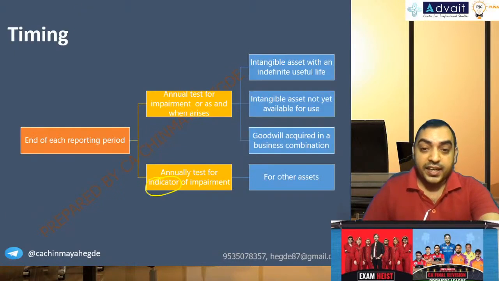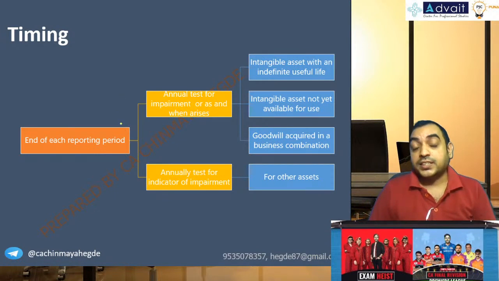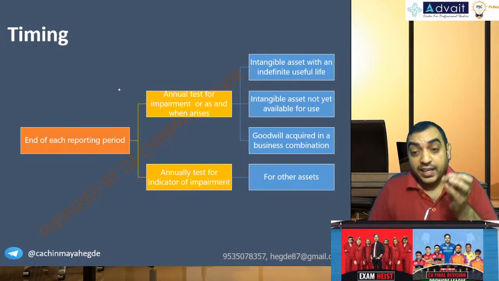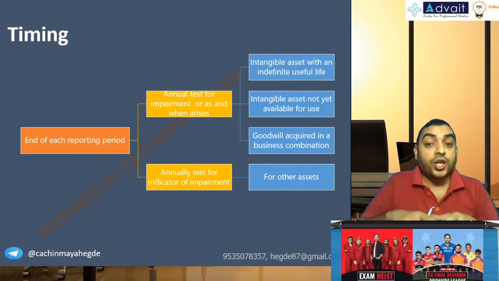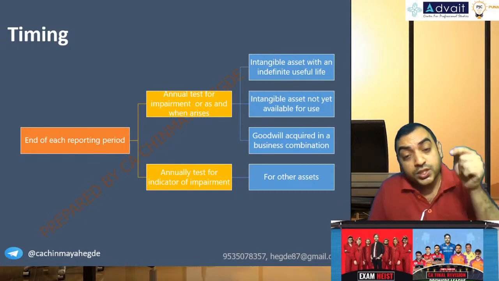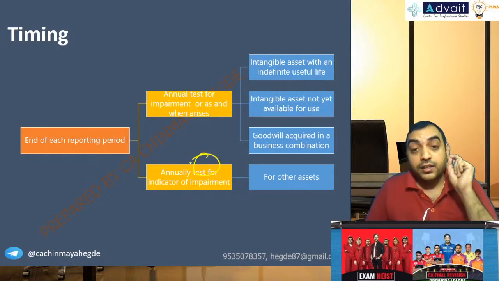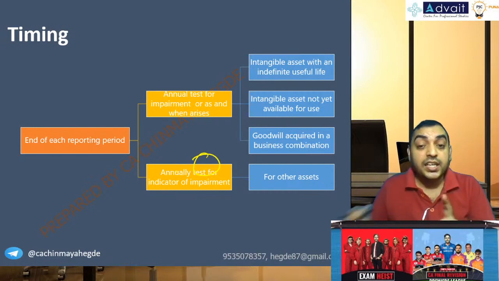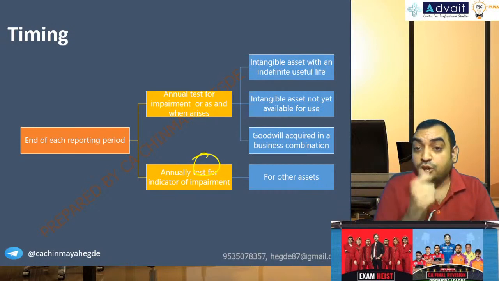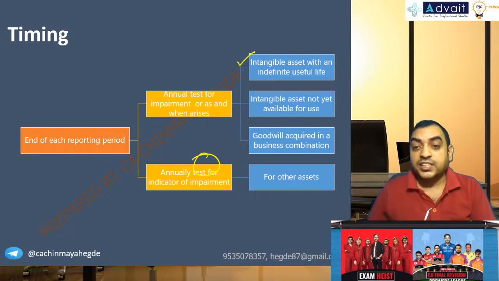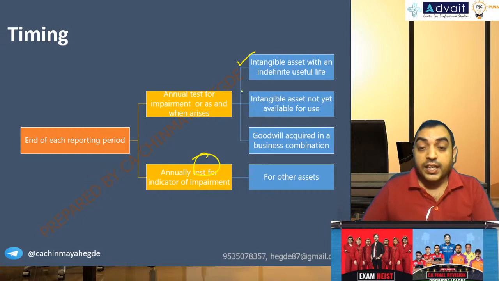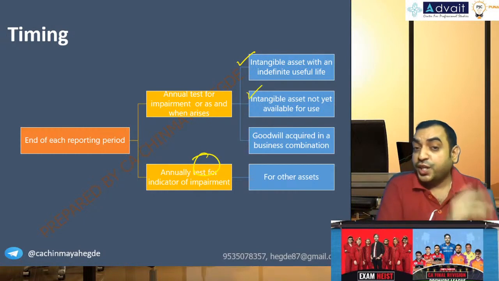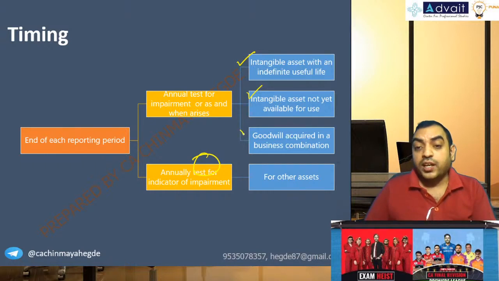So if there is any indicator, then you go for an impairment test. But there are certain elements where, even though there are no indicators, you should still test for impairment. Annual test is compulsory even without an indicator. For whom? Intangible assets with indefinite useful life, which we have discussed in the previous standard; intangible assets not yet available for use, under development, which we did previously; and goodwill acquired in a business combination.